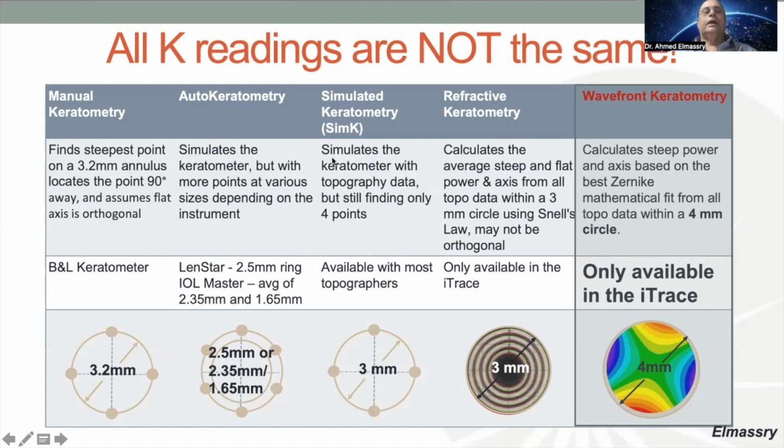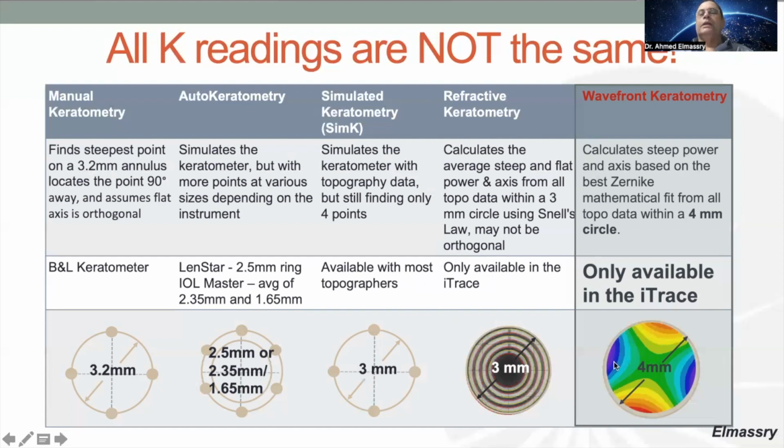And on the other hand, the simulated keratometers, which are in most of the topographies, only use 4 points through which we measure the K. But the refracted keratometry calculates the average steep and flat power and axis from all topographic data within a 3 millimeter circle, which is not only 2.4, 2.5 millimeter like the IOLMaster and the Lenstar, using Snell's law, which may not be orthogonal, and this is only available in the Eye Tracey.